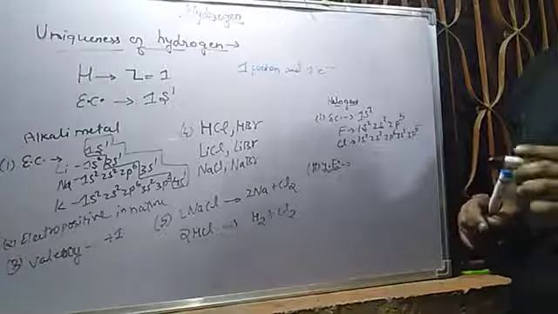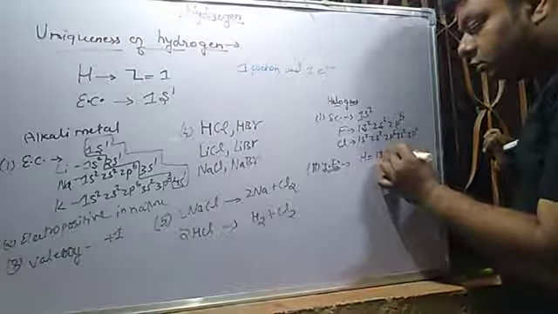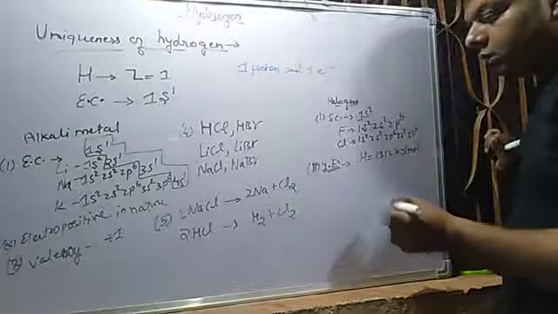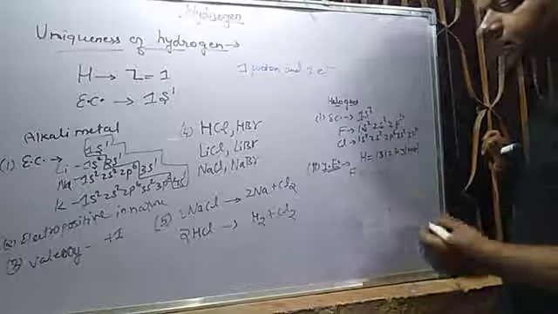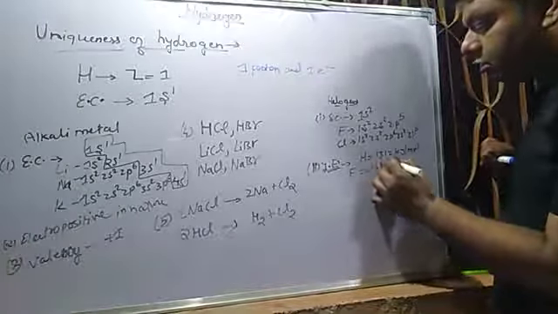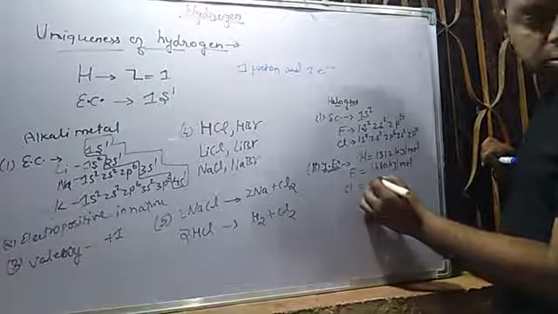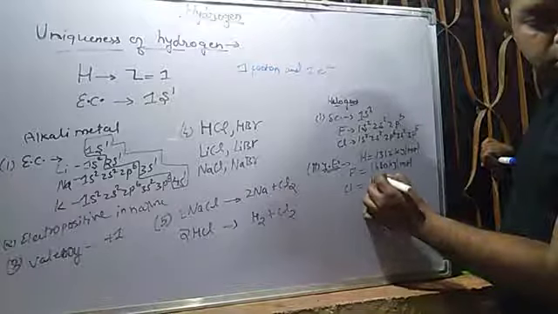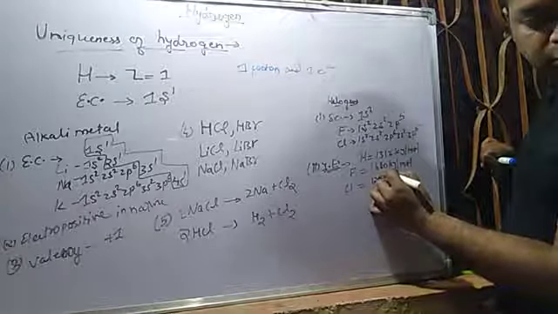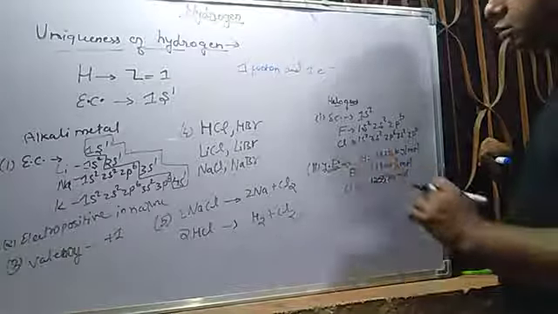The ionization enthalpy of hydrogen is 1312 kilojoule per mole, while for halogens, for fluorine it is 1680 kilojoule per mole, and for chlorine it is 1255 kilojoule per mole.